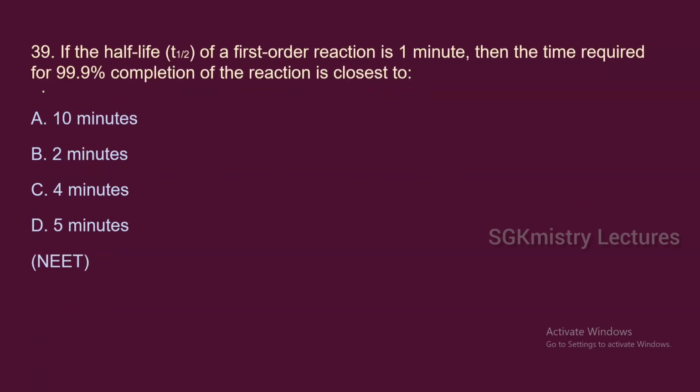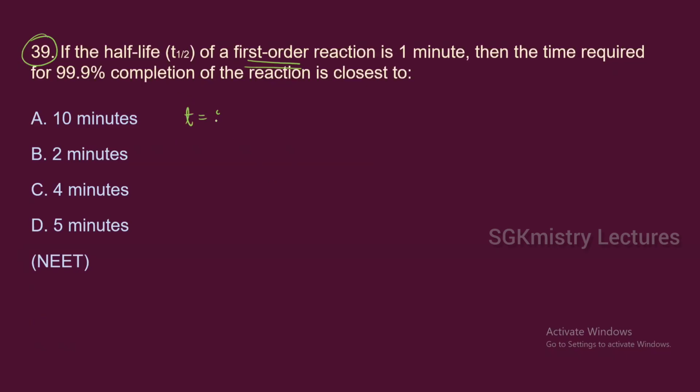Next, question number 39. If the half-life T half for a first order reaction is 1 minute, then the time required for 99.9% completion of the reaction is closest to. Now, again, it is given as first order reaction.